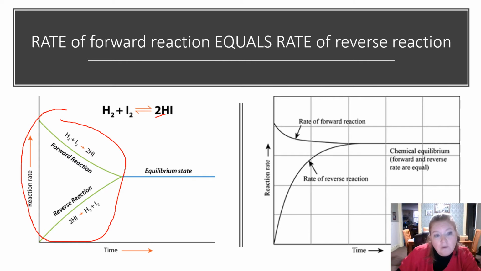Then slowly the forward reaction is continuing, the reverse reaction is continuing, and eventually the rates are the same, equal. That's equilibrium. The rate of the forward reaction is the same as the rate of the reverse reaction. They're happening at the same rate. The rates are equal.